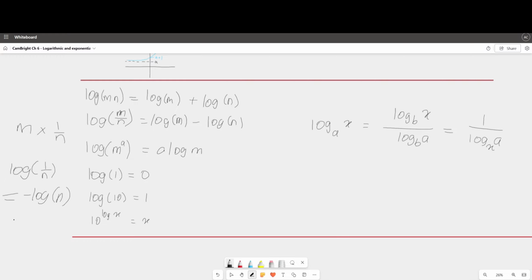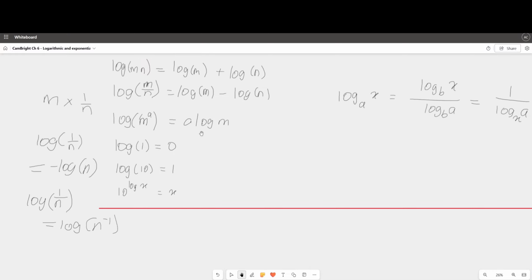That's based off this property, because log of 1 by n is equal to the log of n to the negative 1. So the negative 1 comes out, similar to how this a is put in front of the log here and it's multiplied. So log of m raised to a is a times log of m. Then log base anything of 1 is 0, because anything raised to 0 is equal to 1.